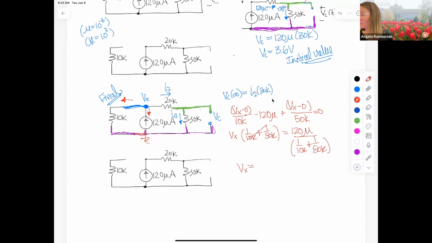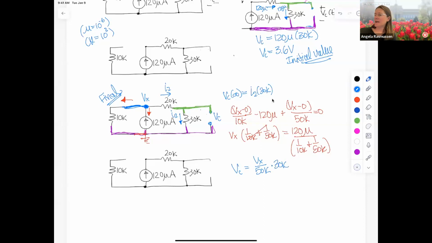Okay, so from here, now I can write VC, where VC is going to be I2, which can be Vx over 50K, times 30.